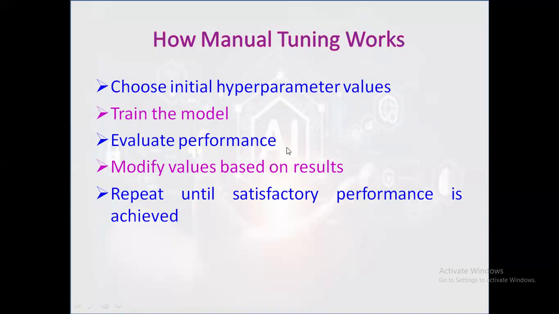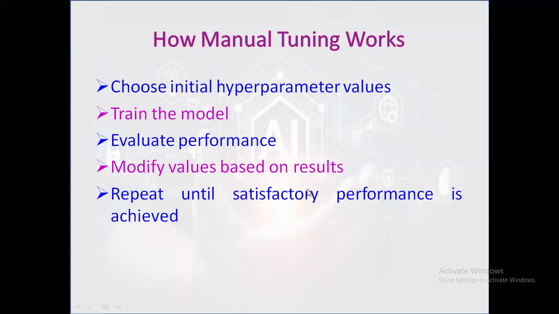Next, we have to evaluate the performance. After training, performance metrics such as accuracy, loss, or errors are analyzed to determine whether the chosen values are suitable. Next, we have to modify values based on the results. If the results are unsatisfactory, the hyperparameters are adjusted manually to try improving performance.